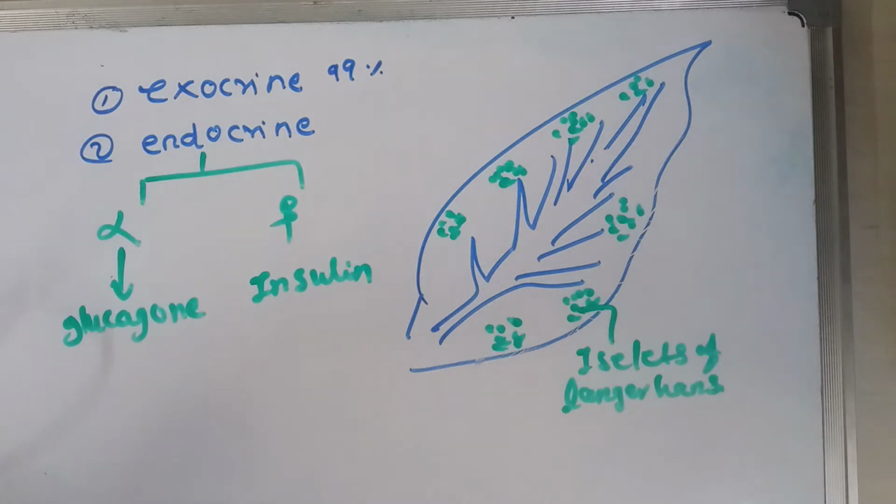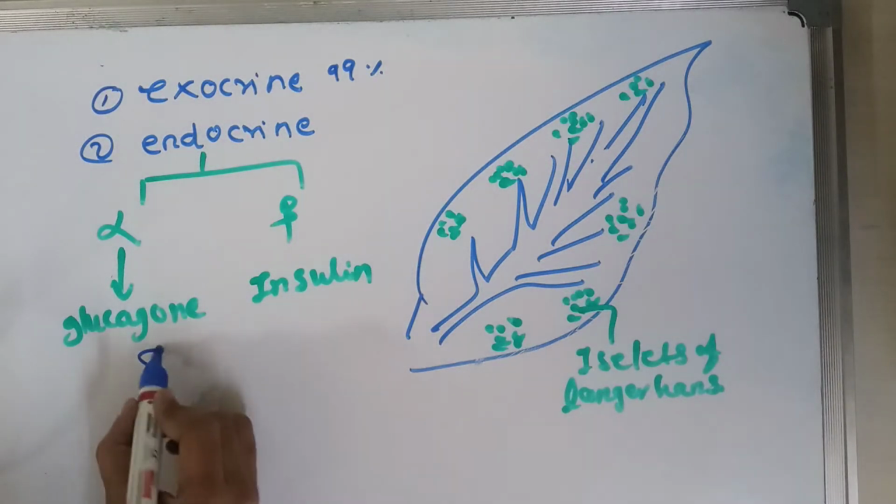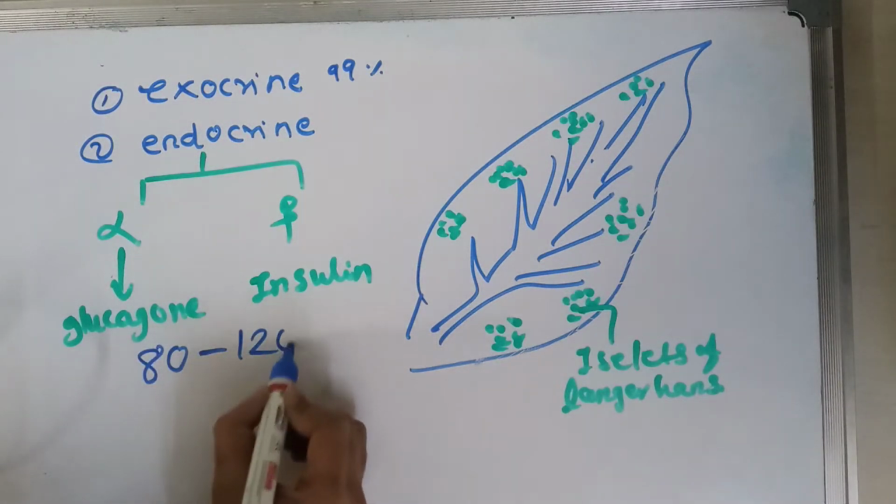So before going into detail, one thing we should know: the average blood glucose concentration in our blood. What is that? It is 80 to 120 mg per dl.